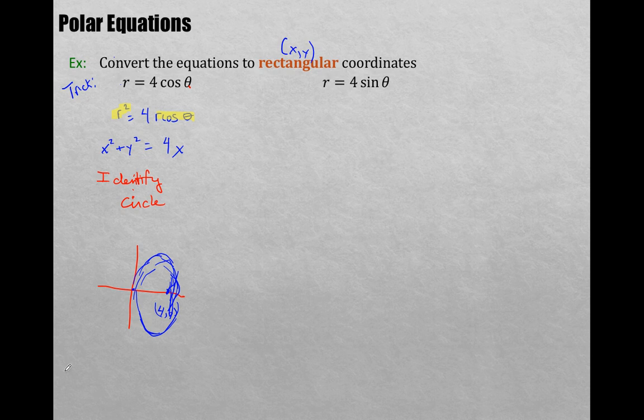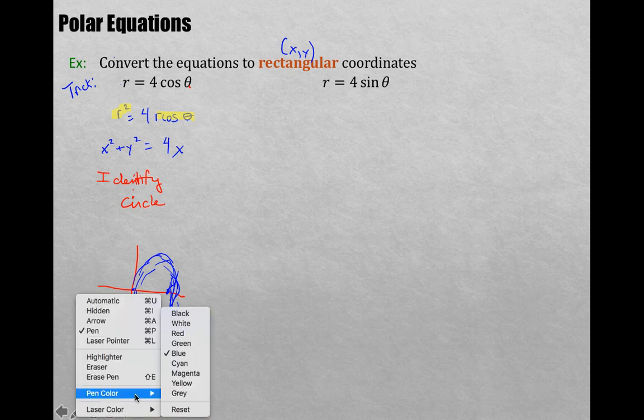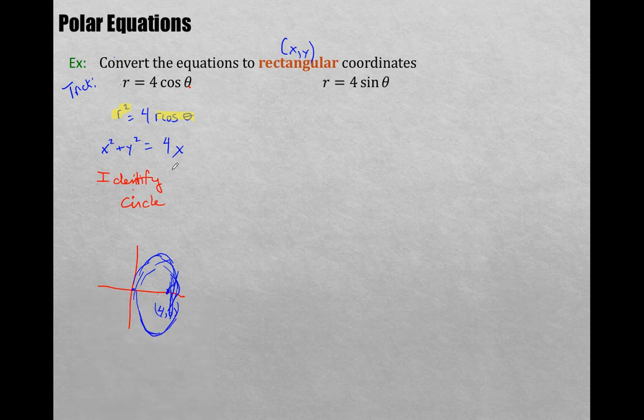Now, what if I asked you to match and there were a bunch of circles? How do you know which circle it is? Well, again, you took AAF and you paid attention. You've got to take this equation and translate it from rectangular standard to rectangular graphing. So that means you have x squared minus 4x plus y squared is equal to 0.